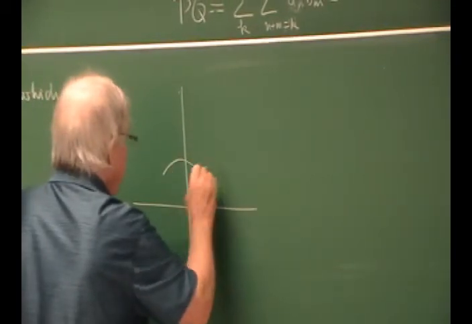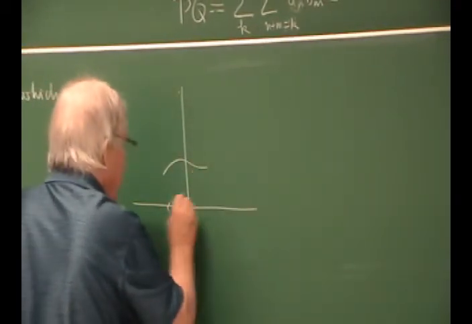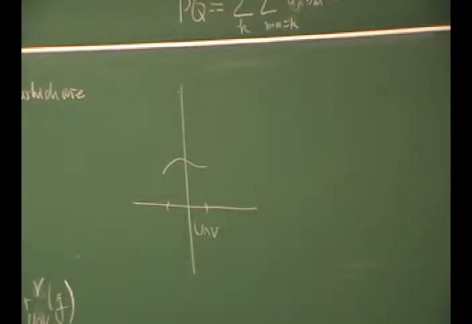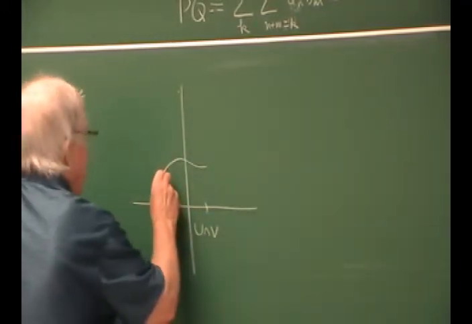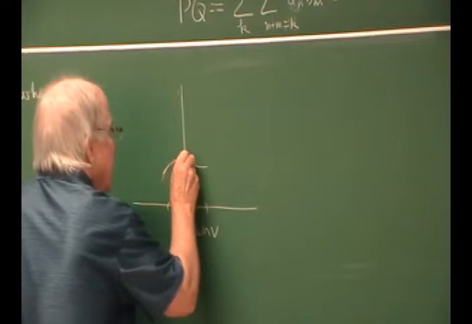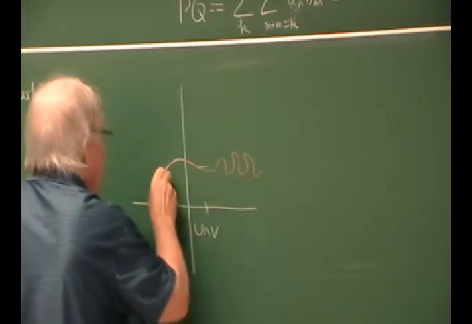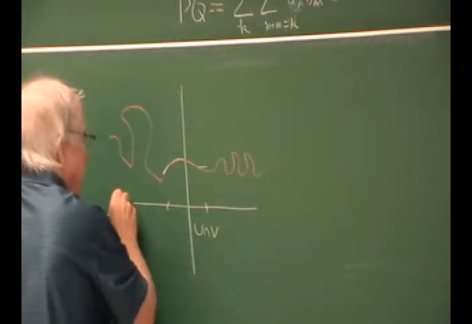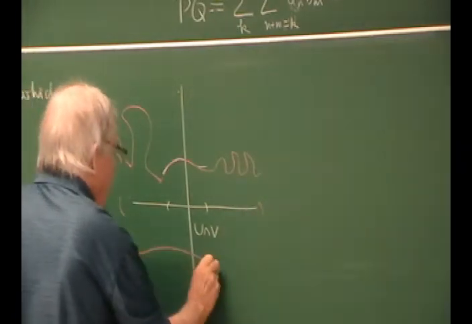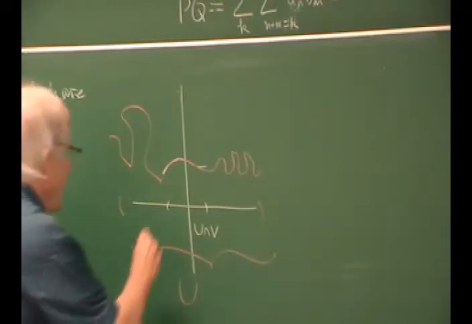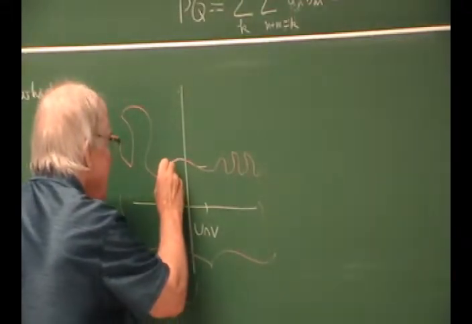Here is maybe U intersect V, and here is the red function that goes completely bananas here, this is, say, U, and then a bluish function is the same here.